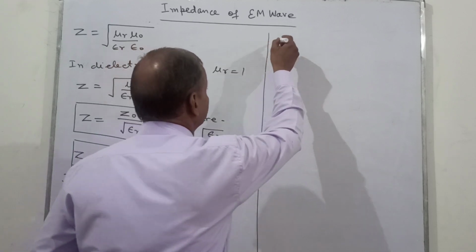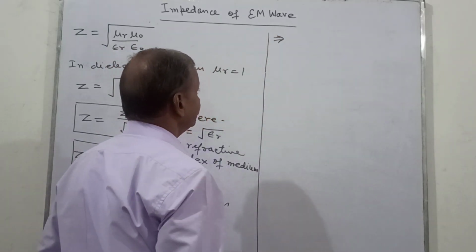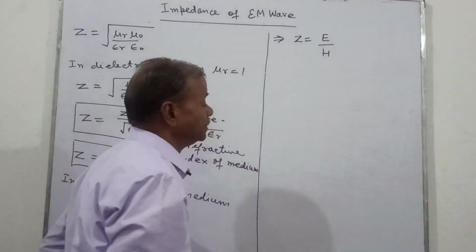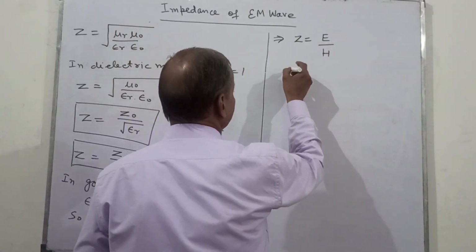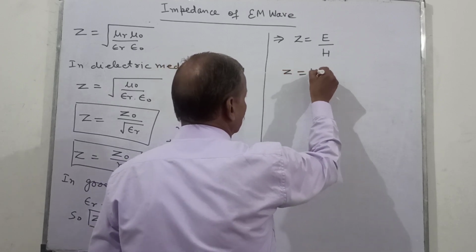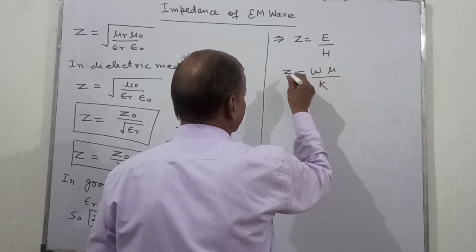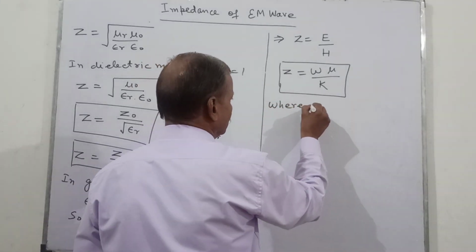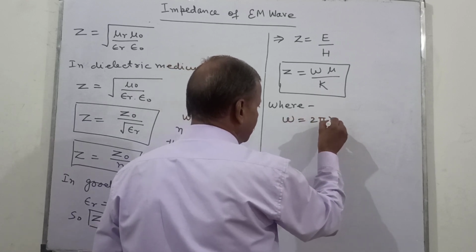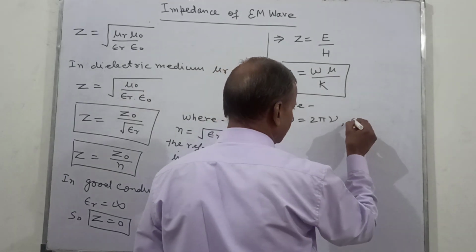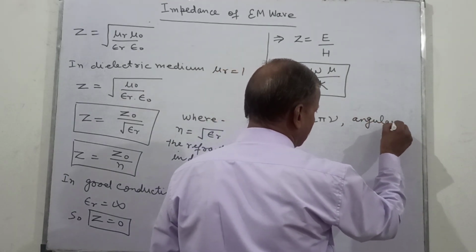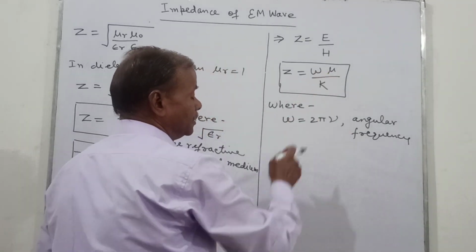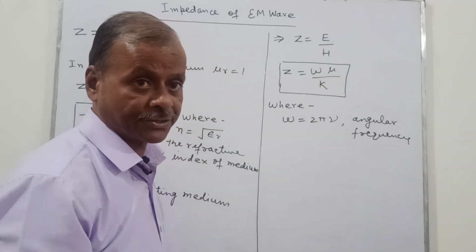Now this Z is equal to E upon H. In the medium we are talking about, Z equals omega mu upon k, where omega equals 2 pi nu, the angular frequency, mu is the magnetic permeability of the medium, and k is the complex wave number.